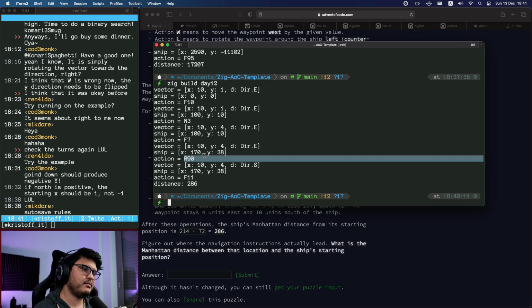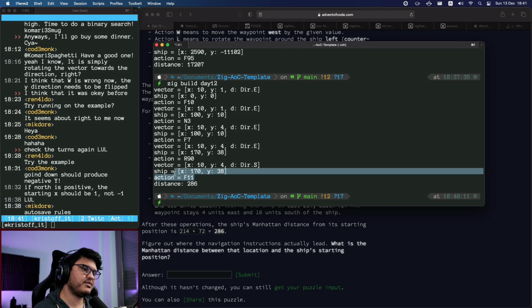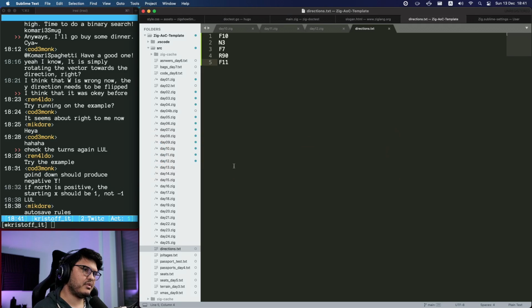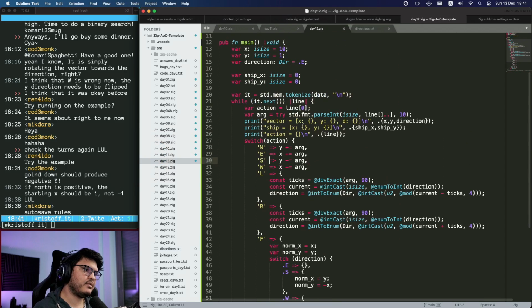Right 90, direction changes, this doesn't change. Forward 11, oh, it doesn't print the last state of the ship. Let me also add this, print the last state of the ship one final time.